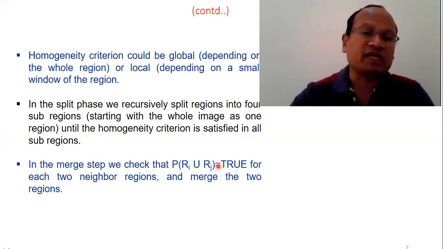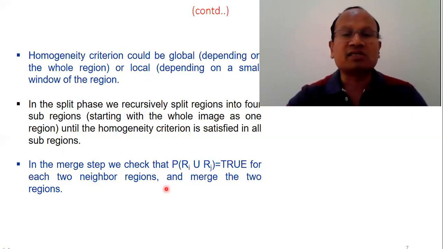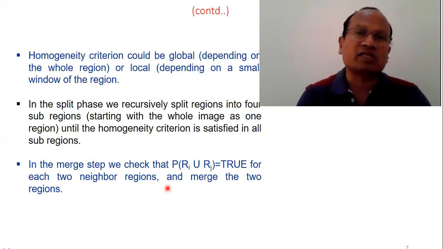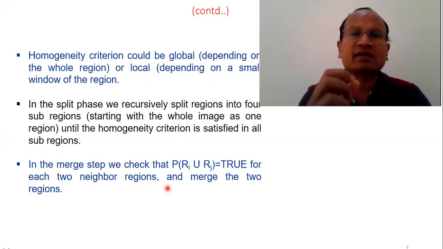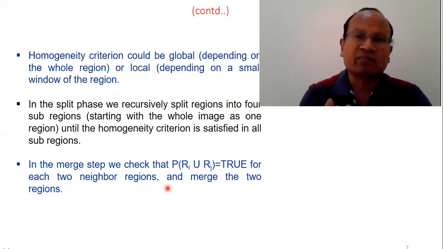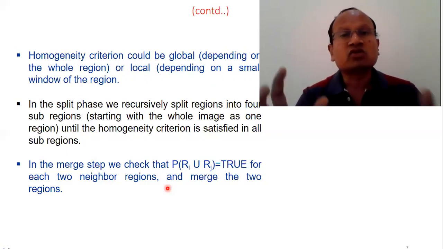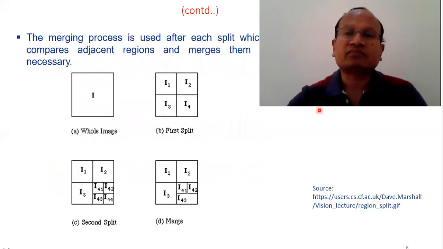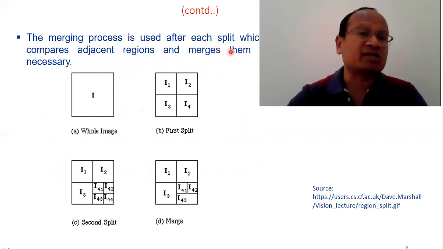So it will be done for each pair of neighboring regions, because there is a criterion which is satisfied, which indicates that some uniformity exists in terms of some parameters, some metrics. So we can combine the 2 regions and make one region. The merging process is used after each split, which compares adjacent regions and merges them if necessary.